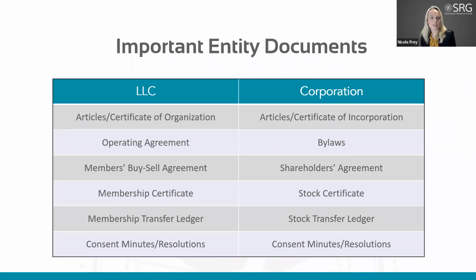If you have an entity in place, you will have those articles. The state will require that. That's ultimately what you submit. And then all the other documents are similar, except for the operating agreement for the LLC and the bylaws for the corporation. The corporation is considered a creature of statute, so there's not a whole lot that you can negotiate and customize.